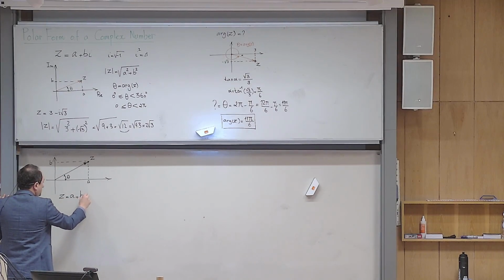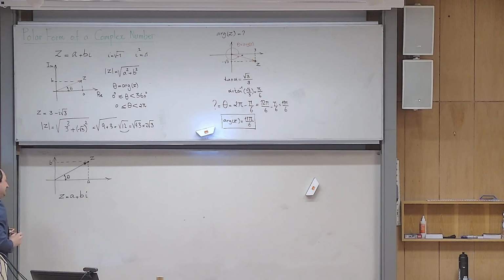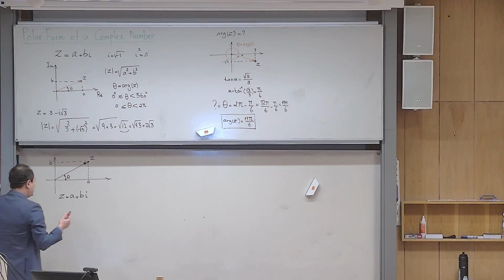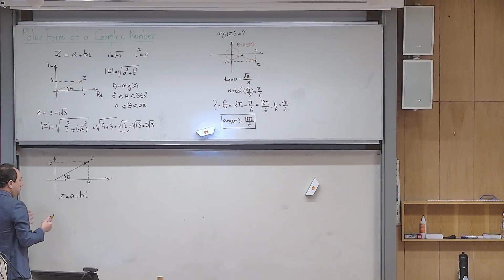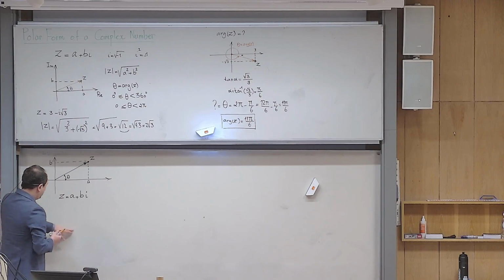This is something you already know. But now we want to learn how to write this complex number into polar form. Okay? First let me tell you what is the meaning of the polar form. You might be a little bit astonished why we are making life harder for ourselves. But the reason will become clear shortly.